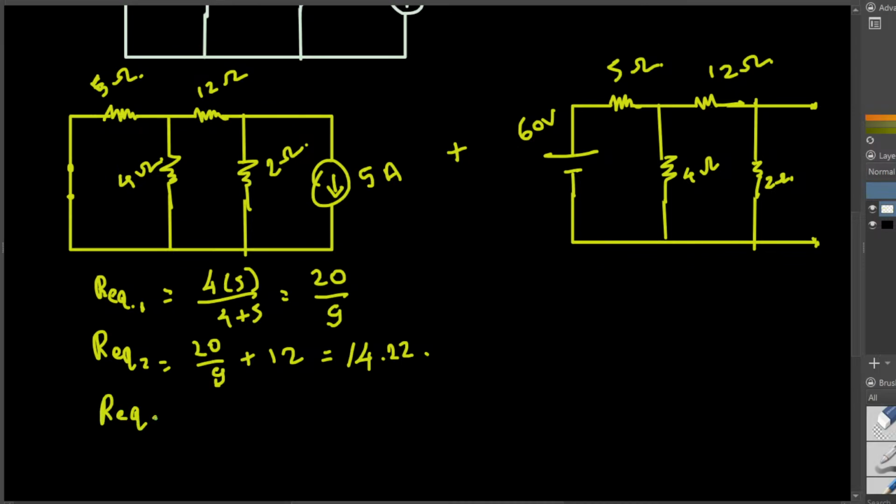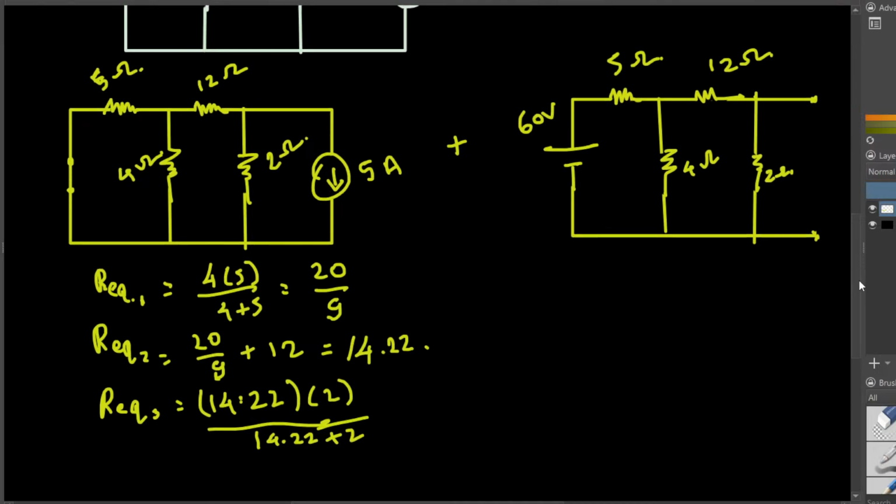R equivalent 3 is equal to 14.22 times 2 divided by 14.22 plus 2. That's going to be 16.22.